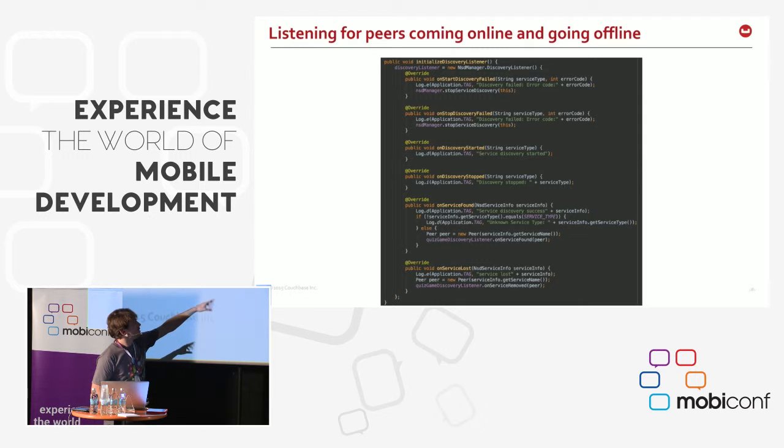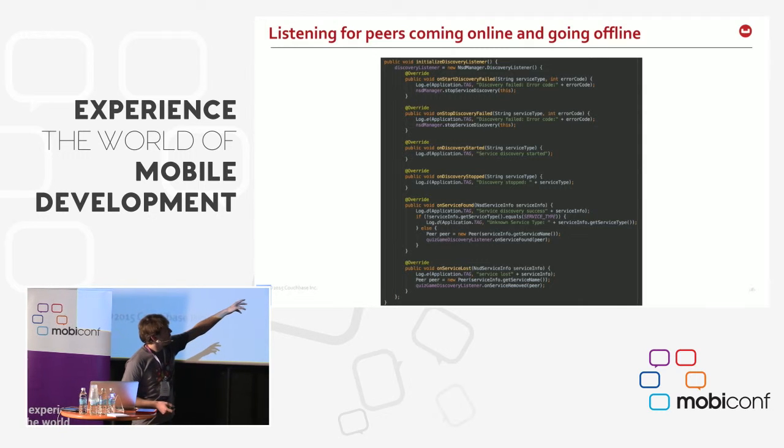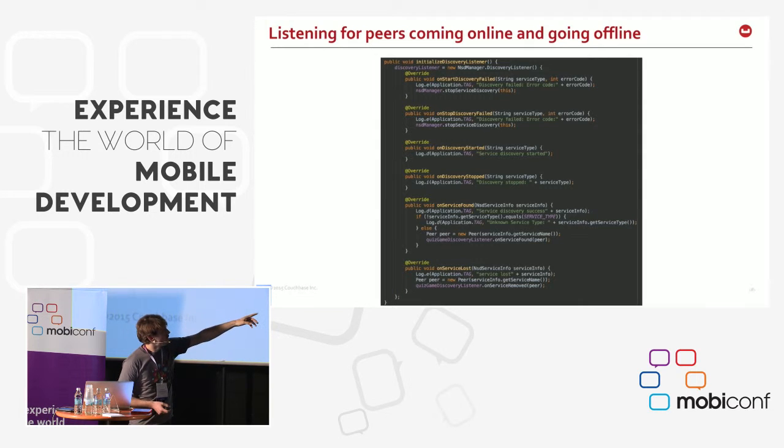The interesting overrides here are the bottom ones. On service found, we can filter out all services that are not the ones that we've got. And if we do have one, then we can instantiate a new peer. The service name here is the nickname, and we send that to the quiz discovery listener, which then displays it in the recycler view. And the same for on service lost.